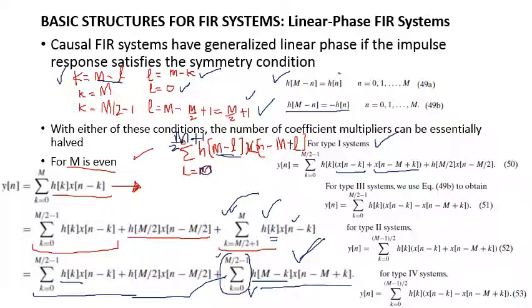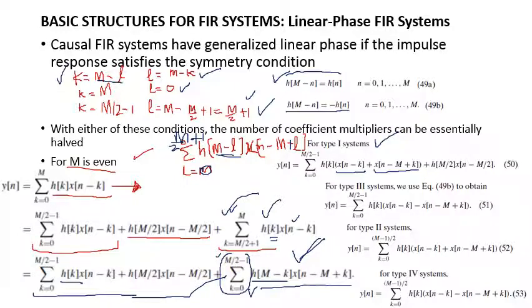If you look at this equation, we have just k. So if I replace k here, I can write h of m minus k equals h of k, with k running from 0 up to m. So I hope these variables don't disturb your concept. Okay, so that means we have this.